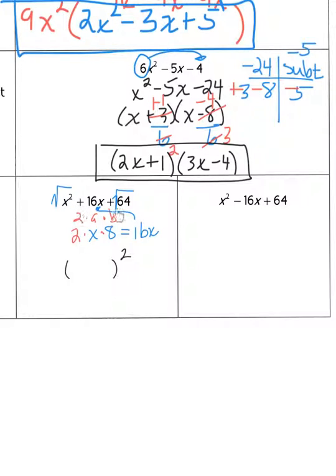Remember, each one of these contributes something to the factoring here. So I'm going to take my square root of x squared, which is x, and then my middle sign goes here, so that's a plus. And then the square root of 64 goes here, which is 8. You already did this work here and here, so you just have to bring it down and bring down the sign of that middle term.